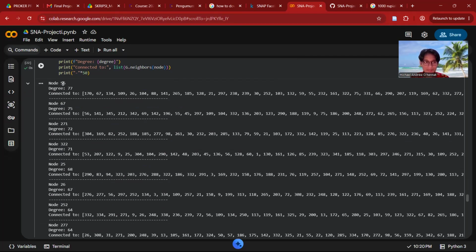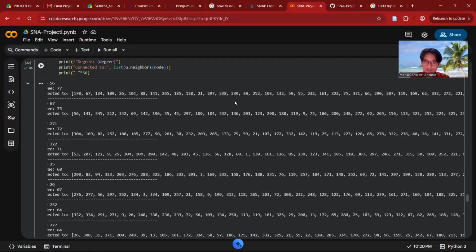For example, node 56 has 77 degrees, or we can say 77 connections, or 77 nodes. Sorry, yes, 77 edges for node number 56. And this is the connection.